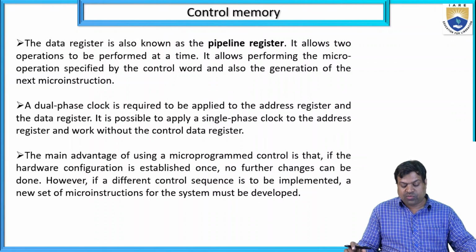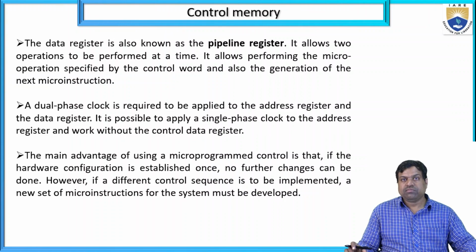And the main advantage of using a microprogramming control is that if the hardware configuration is established once, no further changes can be done. However, if a different control sequence is to be implemented, a new set of micro operations for the system must be developed.